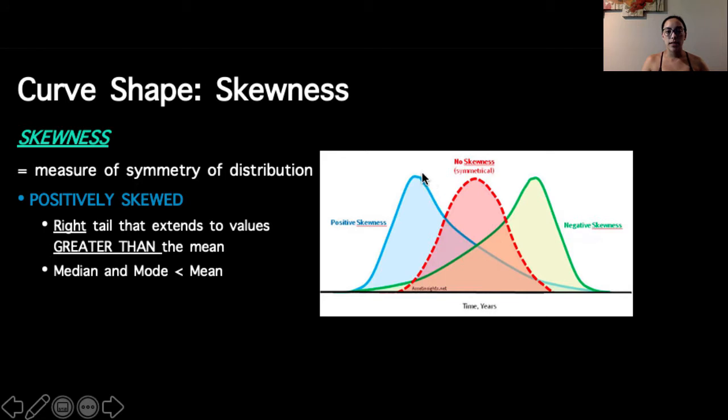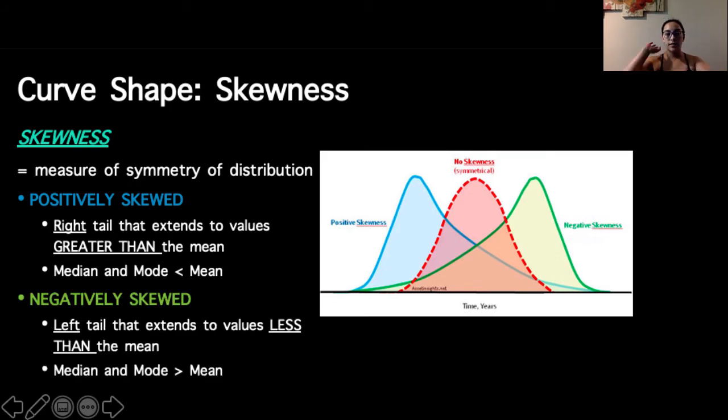So you can see positive skewness if our central tendency should relatively be centered around this peak, right? When we have an extreme score that exists out here, the mean is going to shift towards that tail. In other words, the mean should be greater than the median and the mode, or vice versa, the median and the mode are less than the mean.